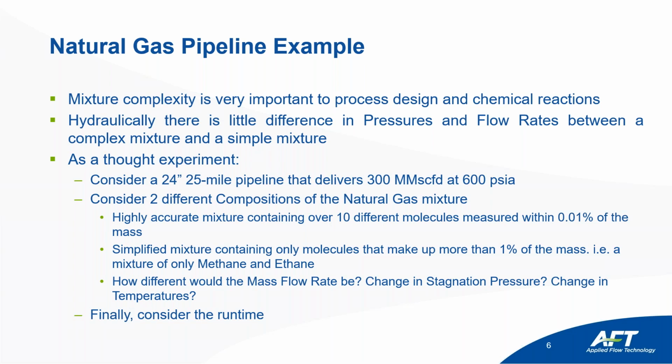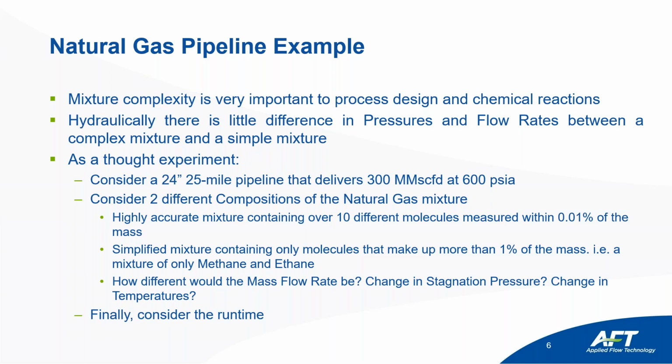So as a thought experiment, we're going to look at this in Arrow. We're going to consider a 24-inch, 25-mile pipeline that delivers 300 million SCFD, standard cubic feet per day, at 600 psia.